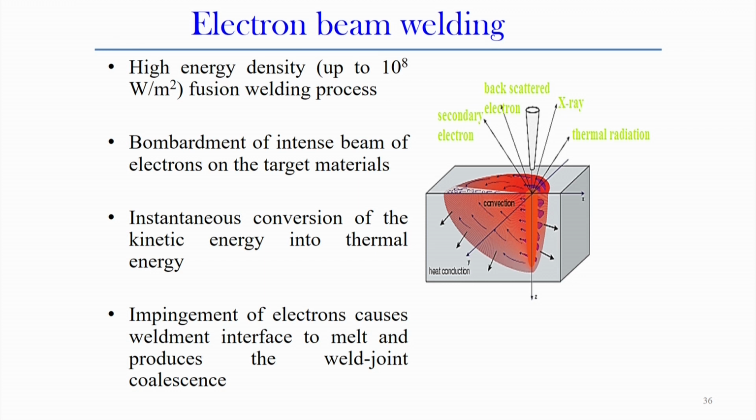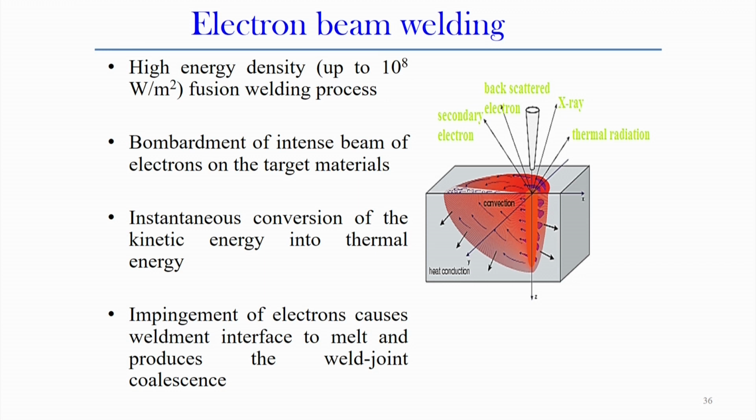On the workpiece, the kinetic energy of the electrons is converted to heat energy, or thermal energy, and that thermal energy creates the molten pool, and of course here also formation of the keyhole happens.